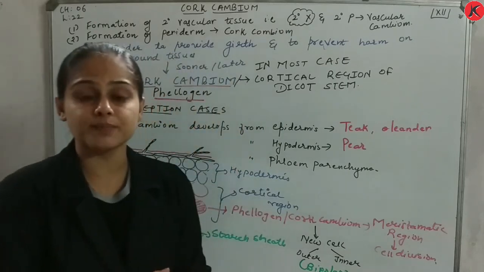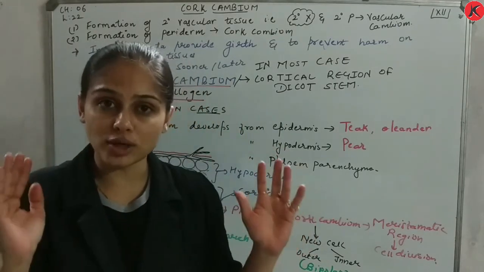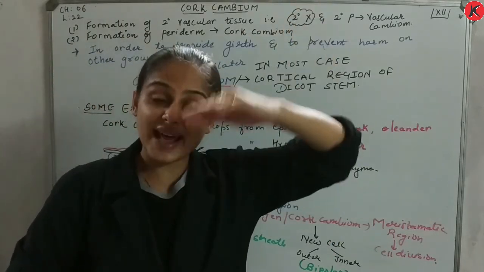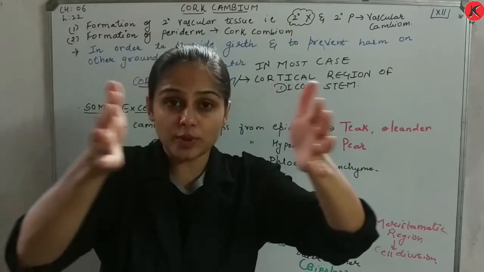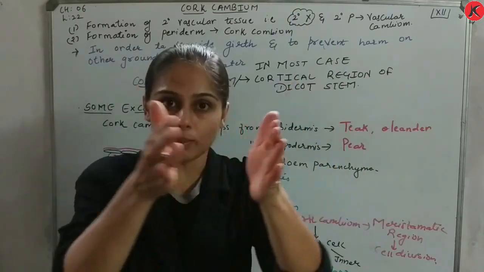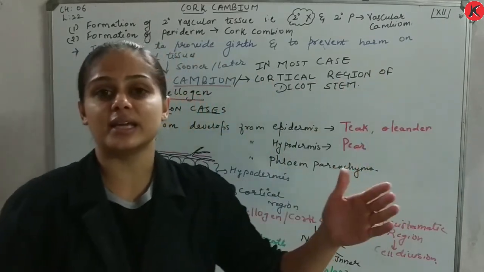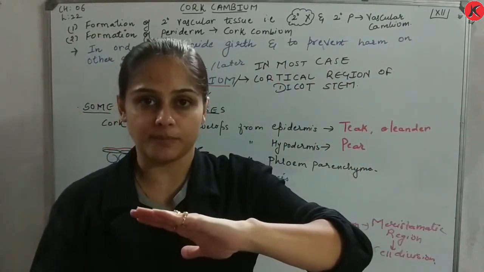Am I clear? Once again, let me clear the thing. We are discussing dicot stem. Dicot stem में primary growth हो चुका, lengthwise growth हो चुका. अब किसकी बारी आई? It's going to become thick. Yes or no? मतलब diameter increase होगा, उसकी girth increase होगी. इसके लिए we are having vascular cambium and cork cambium.